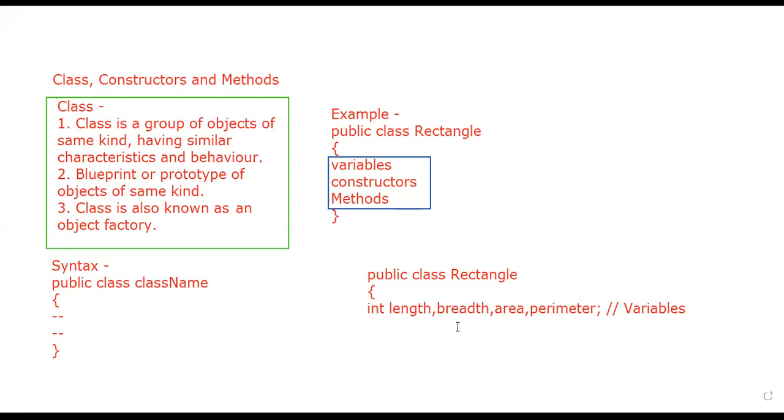Now, after declaring variables, this is the variable declaration. What next? Constructors. Very good. So here I'll write constructor. What is a constructor? I will define it in the next screen. Here I'll just write it in this example. Constructors are special functions which are used to initialize the variables of a class.